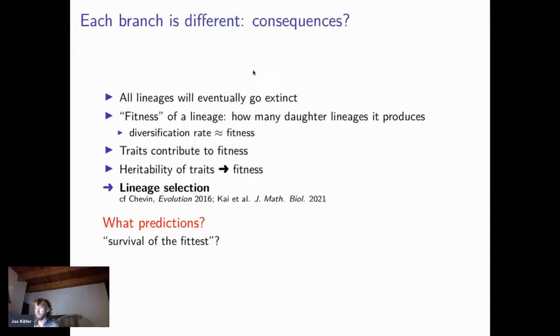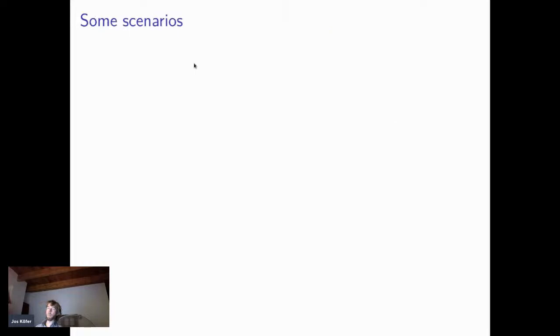For those who haven't noticed yet, I'm just exploring the possibilities of what's going on here. So what could we predict if each branch is different and lineage selection is going on? Well, we have to have some scenarios to explain what will happen.